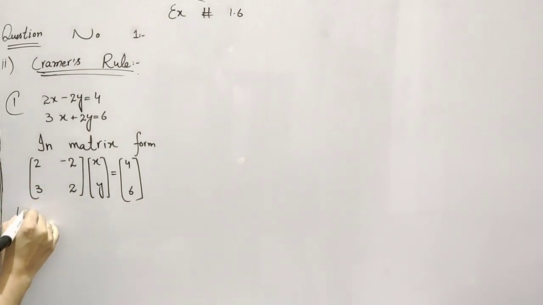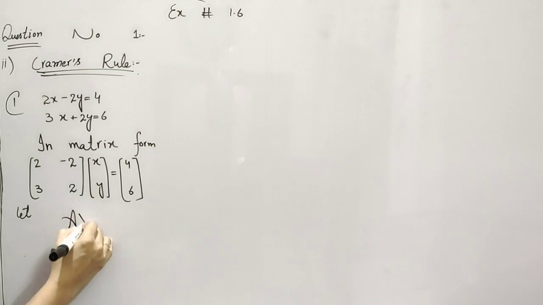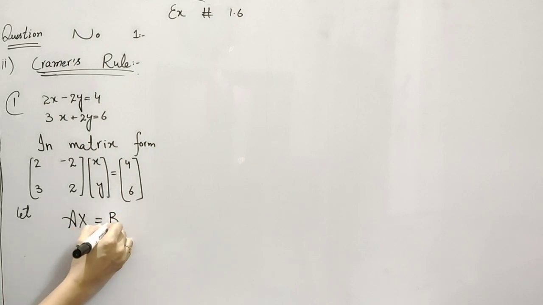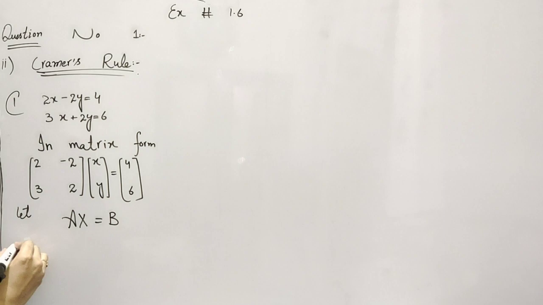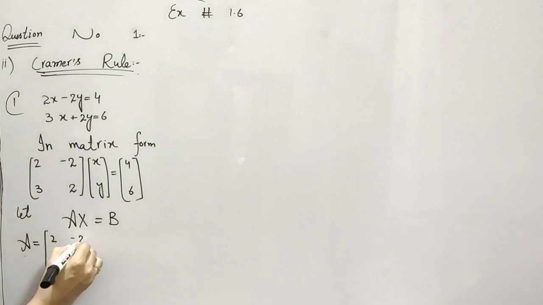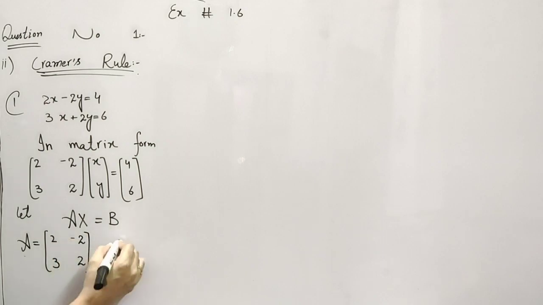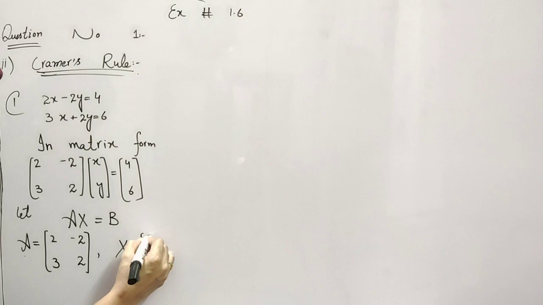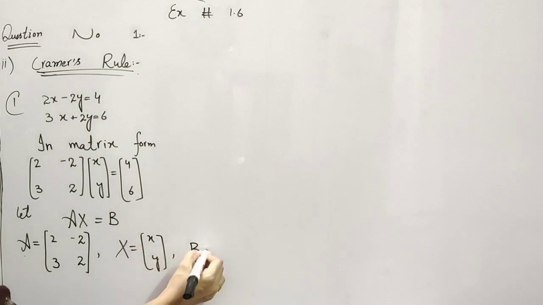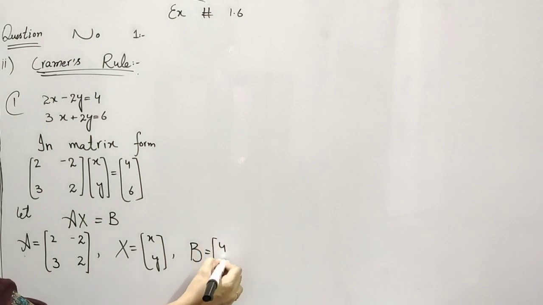So let this be AX is equal to B, where A is equal to [2, minus 2; 3, 2], X is equal to [x; y], and B is equal to [4; 6].